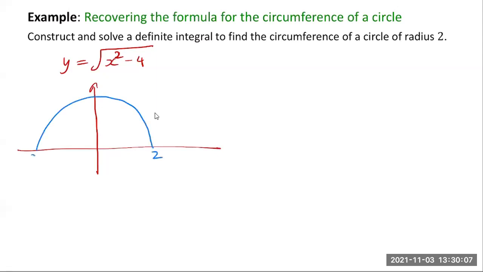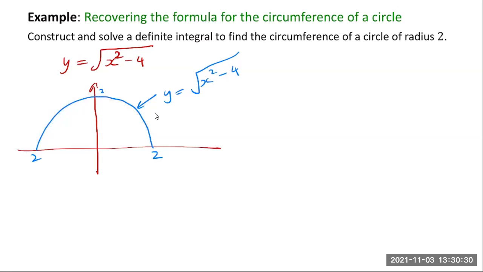What I'm going to do is find this arc length and double it to get the circumference of the circle. So let's find this arc length and let's double it.